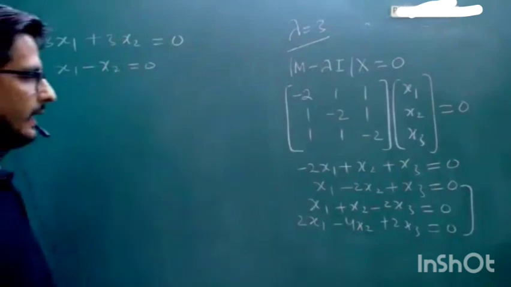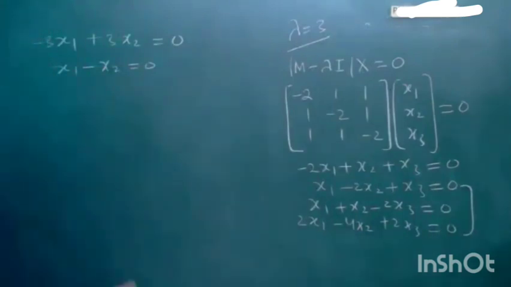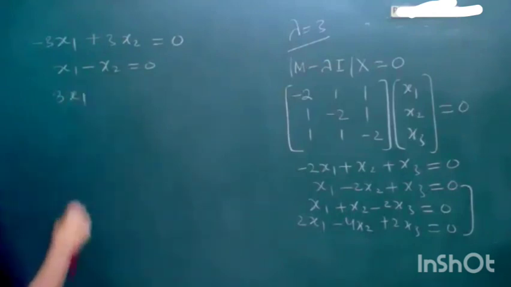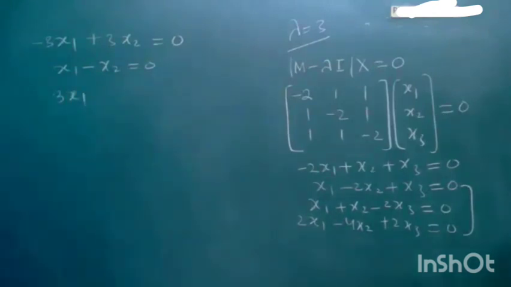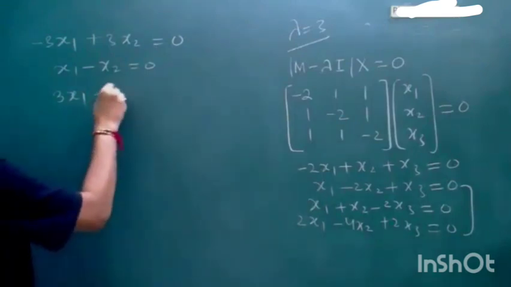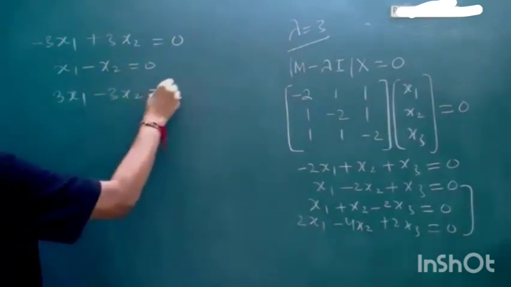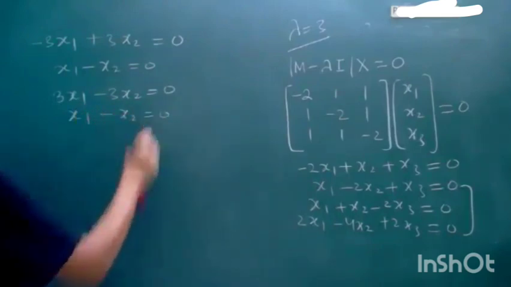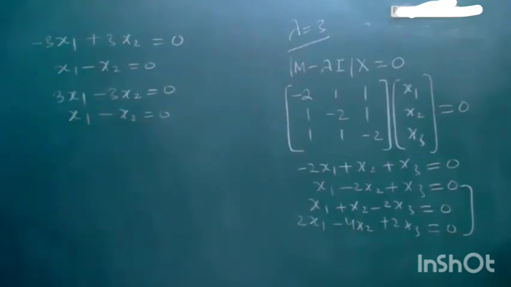And you add them. So what you will get? 3x1 minus 3x2. So same equation, no? x1 minus x2 is equal to 0. Correct? So these two equations are same.